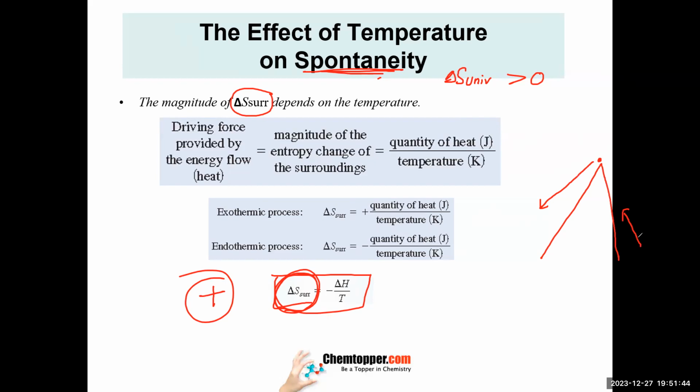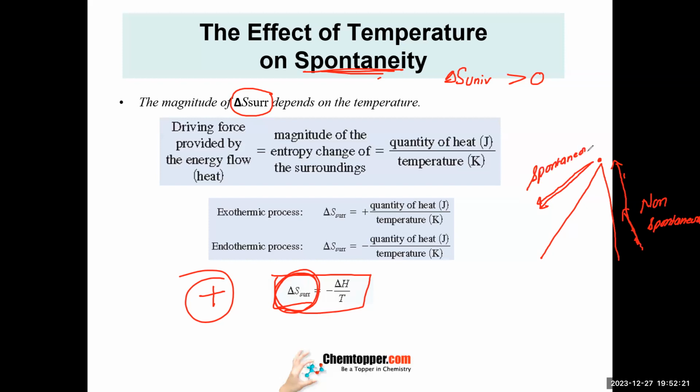Going up is not. When something is going up, you are working against gravity. Continuously you have to supply energy. You stop supplying energy, it will not go up. So that's a non-spontaneous process. And when the object is coming down, it is working with the gravity. Gravity is helping us. So that process will be spontaneous.